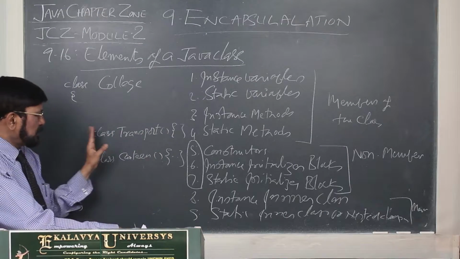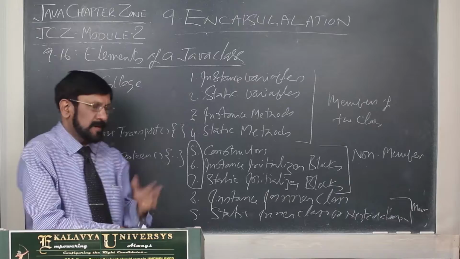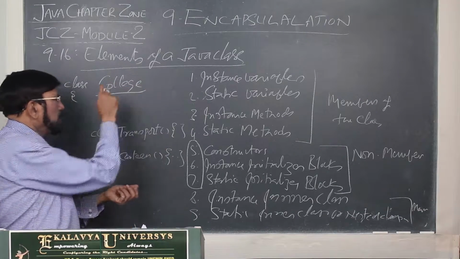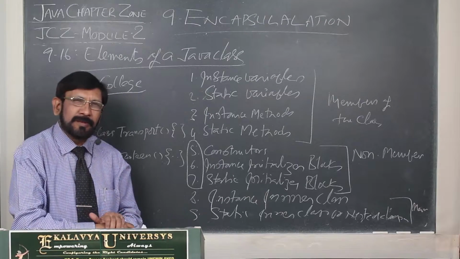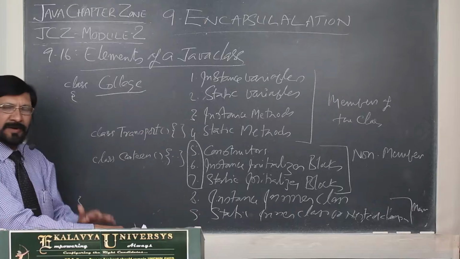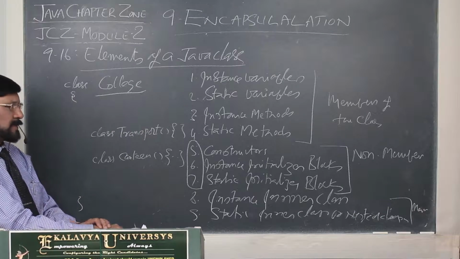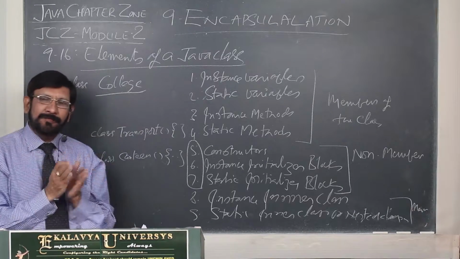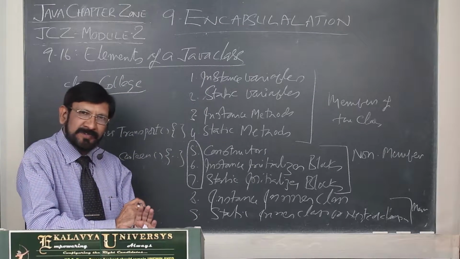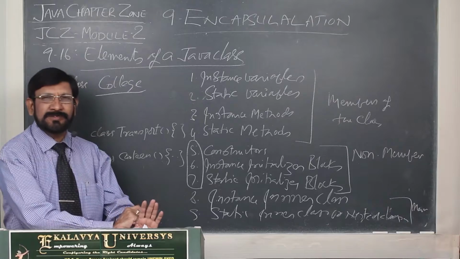This is the best example. You can easily remember this, and you are convinced with this domain also. One college is there. In college, different classes are there, and you know what we define in a college. Obviously, every college provides transportation service and canteen service.